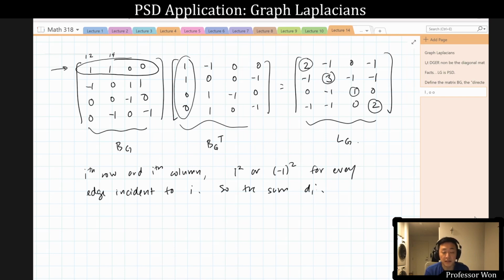Okay, what about for the non-diagonal entries? Well, for the non-diagonal entries, remember that this column was the second row of BG. This represents the second node, right? This one was the first node.